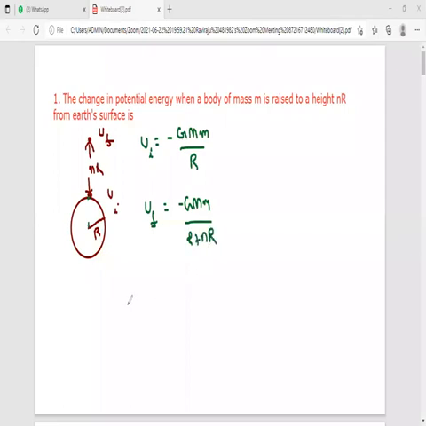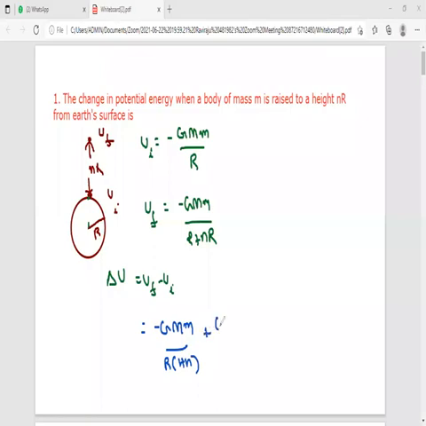R plus nR. Now to take the difference between these two, that is the change in potential energy. That is equal to U final minus U initial. So you can write both the equations here. Now R can be taken common.